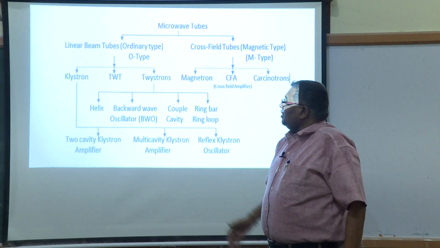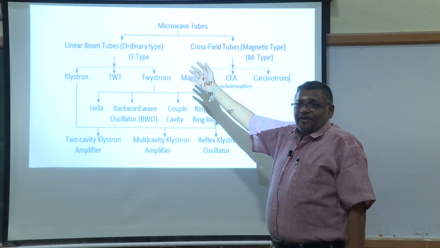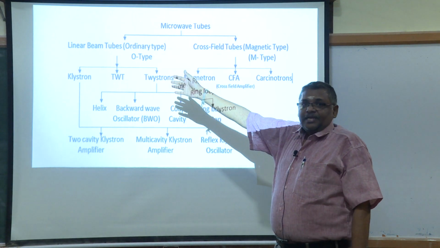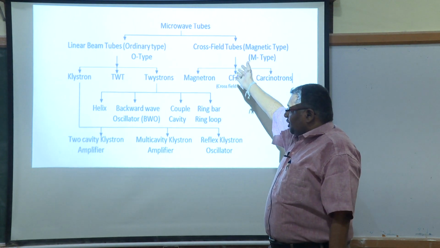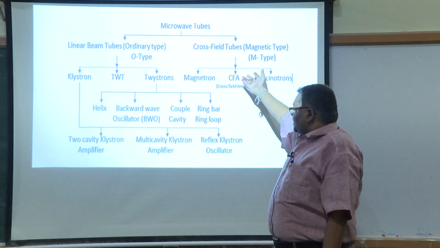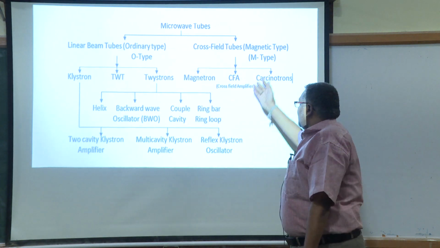Next. Generally, microwave tubes can be classified into two major categories: linear beam tubes and cross field tubes. Linear beam tubes are called O type tubes, and cross field devices are called M type tubes.